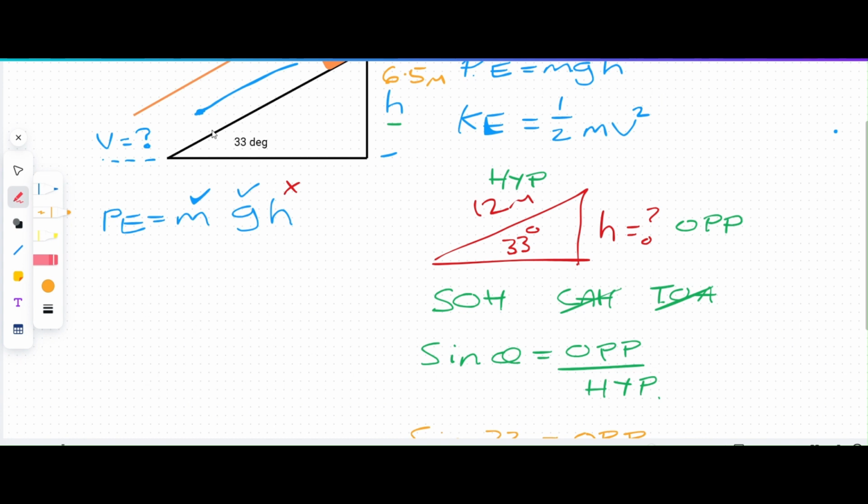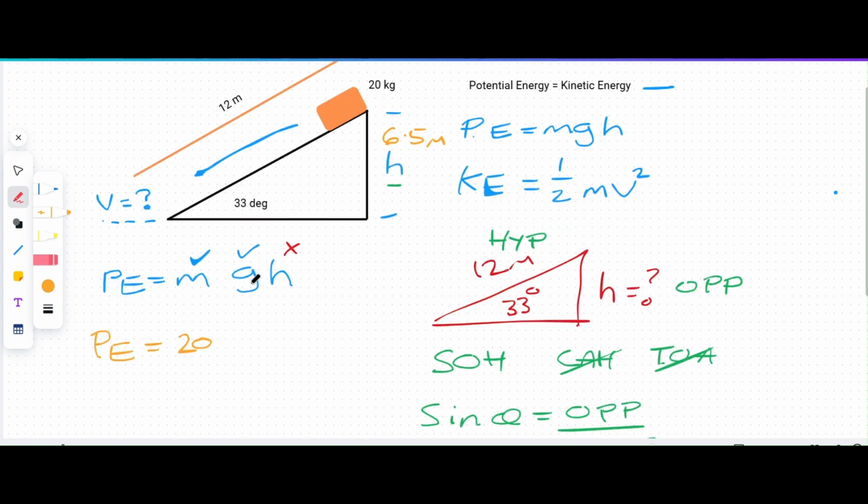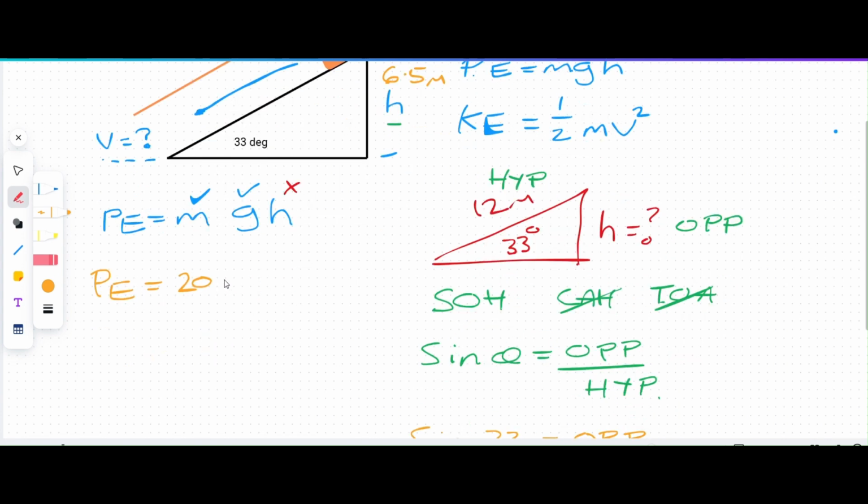So now I can find PE, because potential energy is mass, gravity, height. The mass is 20, I think. Yeah. Gravity is 9.81. Okay, gravity, acceleration due to gravity, and the height was 6.5. This will give you the potential energy of this object, the potential to do work.